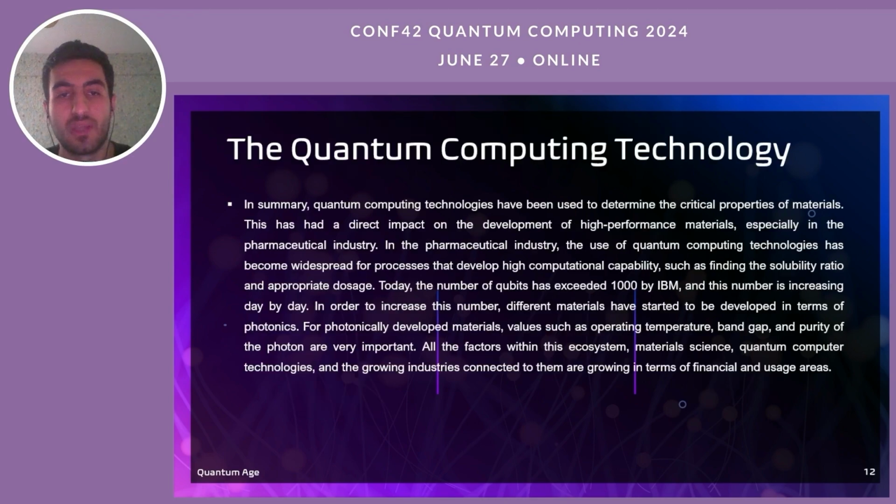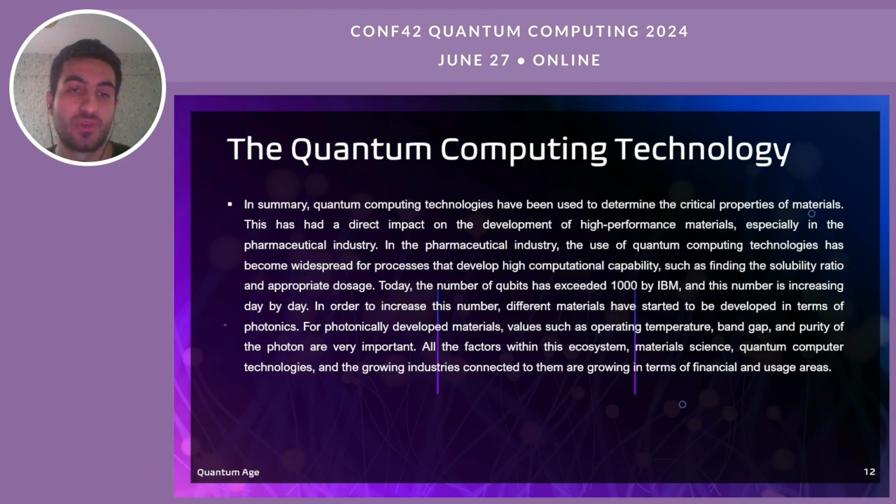And to summarize, quantum computing technology has been used to determine the critical properties of materials. This has had a direct impact on the development of high-performance materials, especially in the pharmaceutical industry.